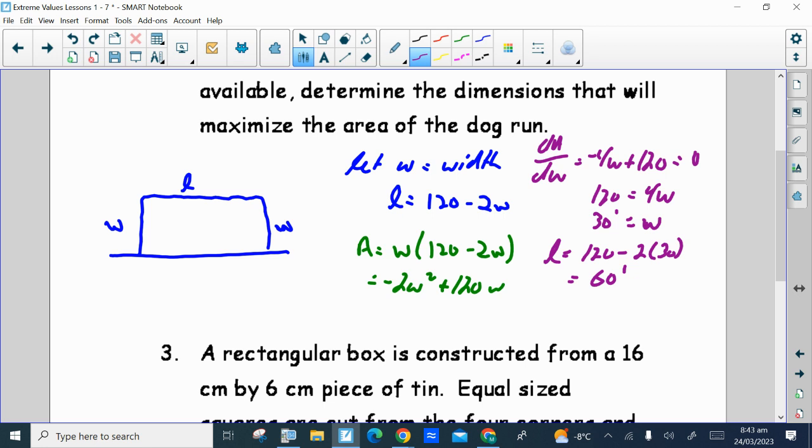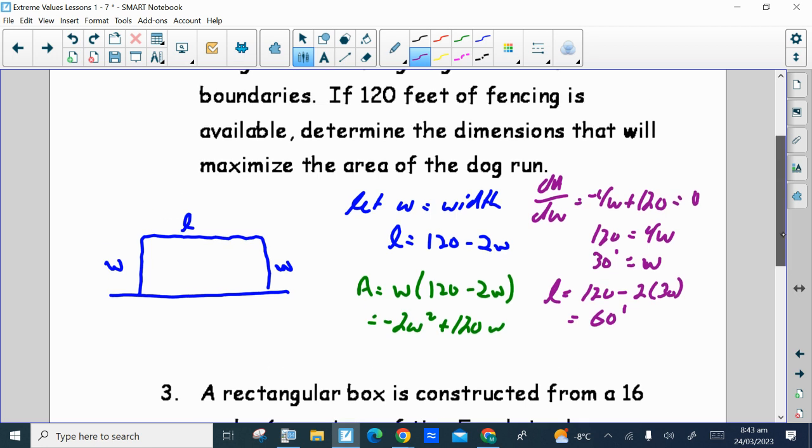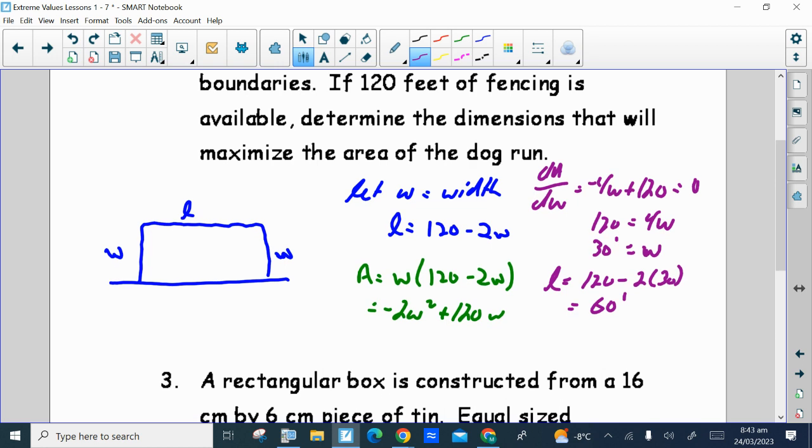Obviously, there's lots of different dimensions that could be written down here using 120 feet of fencing. For example, let's say that W was 10, so that would be 10 on the left side, 10 on the right side. That's 20 feet. You'd have 100 feet left over for the length, but 10 times 100 is only 1,000.